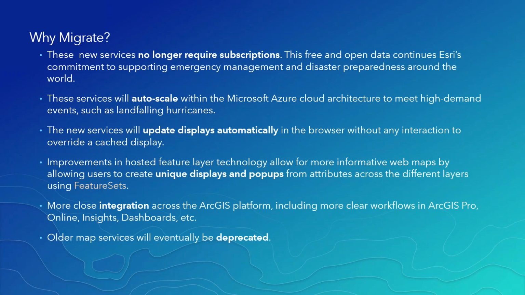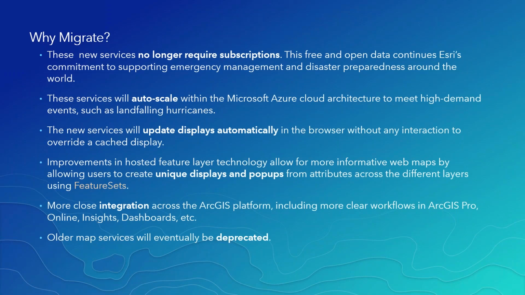So if I wanted to take one element from a forecast or a weather watch and warning with maybe some of the data that you have, and you have that as a hosted feature service in the same web map, you can interrogate those individual layers and come up with unique pop-ups and symbology from those feature sets. It's a really great thing. There's a lot of blogs out on feature sets right now on the ArcGIS blog, so I encourage you to take a look at feature sets.